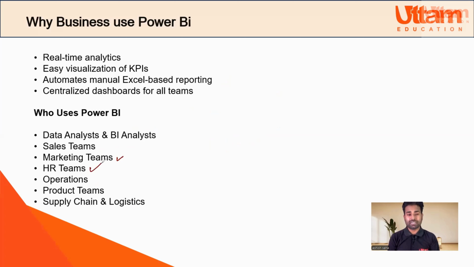The HR team can analyze human resources, like how many resources were required by a company in the last years, and how many were required but we did not fulfill. That type of problem can be analyzed by the HR team.